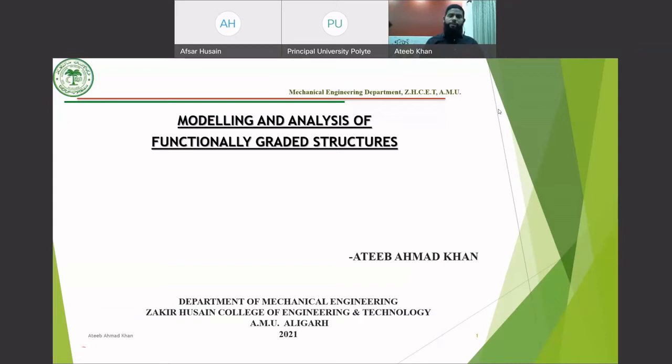The question which made me curious was why the need of FGM was felt, and under what conditions the composite material, which is also a very great material and has been used widely in different applications, failed. And lastly, what are the areas of application of the functionally graded material? These are the queries which I want to address first.